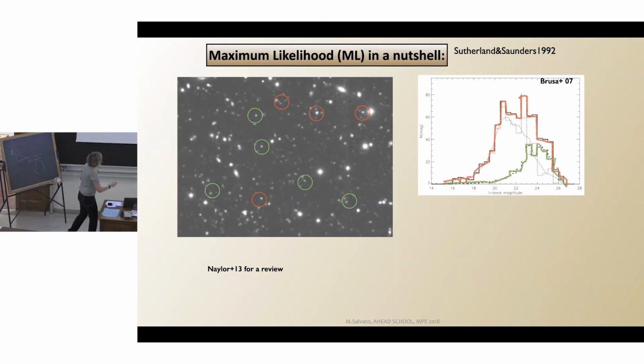And they will take circles of the same size in a random position of the sky, recount the objects, remake the histogram, and this will be the distribution of the sources in the field. From the ratio of the two, they will get the expected distribution of luminosity of an object that is associated to an X-ray flux, okay? And this is how it was done until about 3-4 years ago.